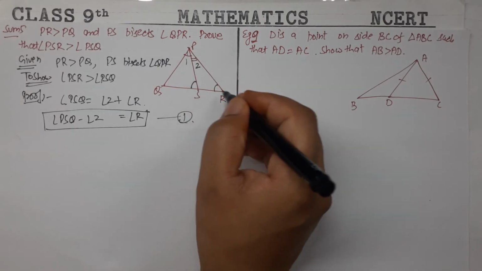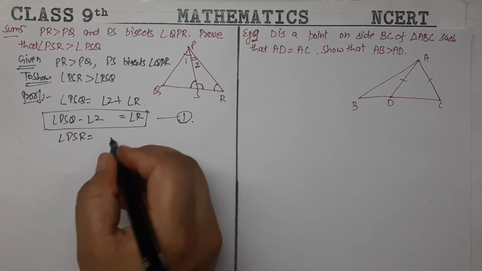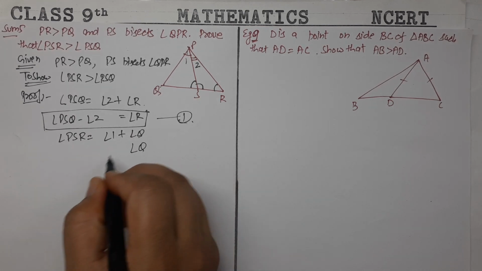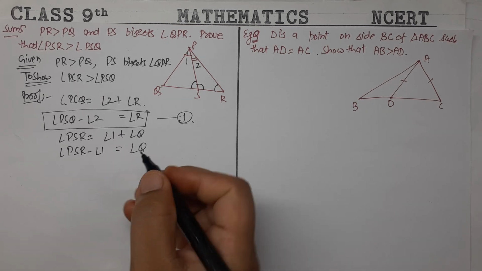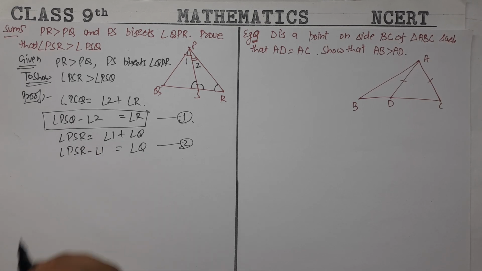Angle PSR, which is equal to angle 1 plus angle Q. From here angle Q is angle PSR minus angle 1.